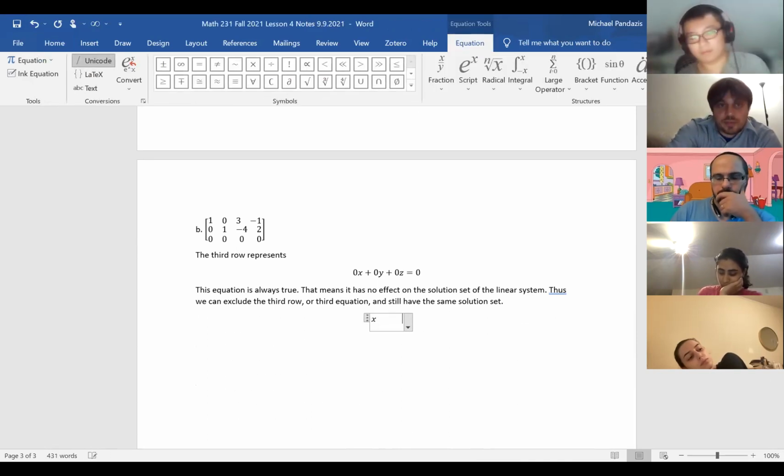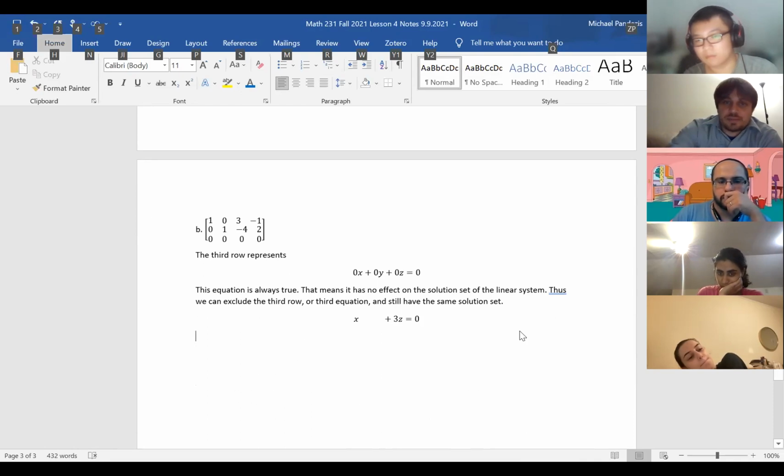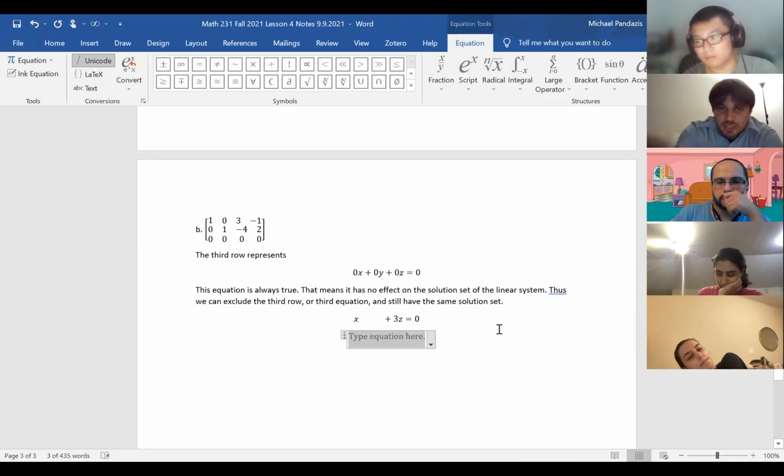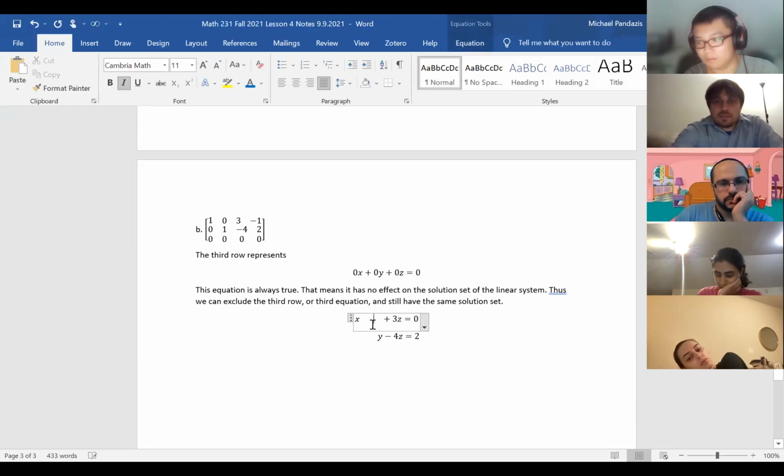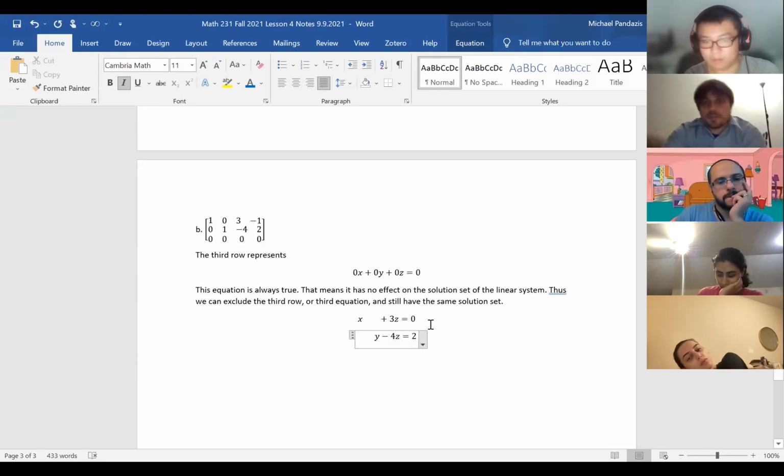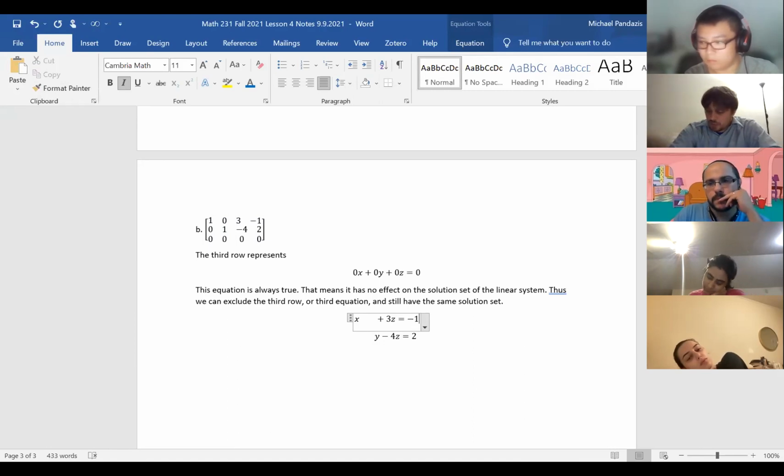So the first two equations are x plus 3z is equal to -1, and the second equation is y minus 4z is equal to 2.